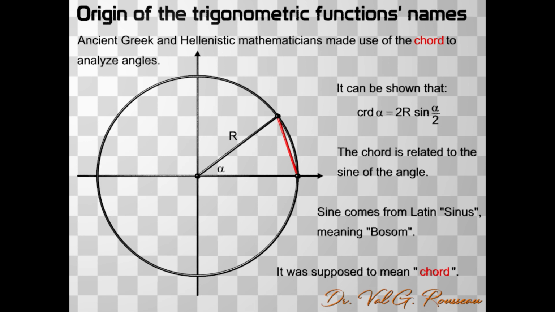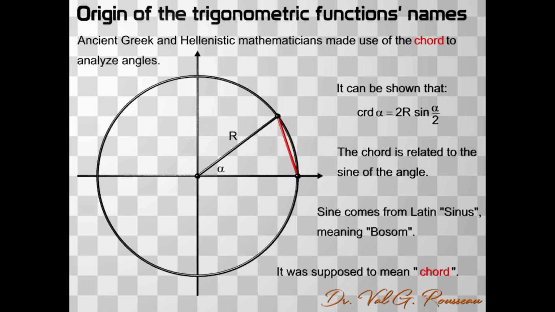This relationship simplifies to the one that is shown once you make the connection between the cosine of alpha and the sine of alpha over 2. You have to work a little bit on it.